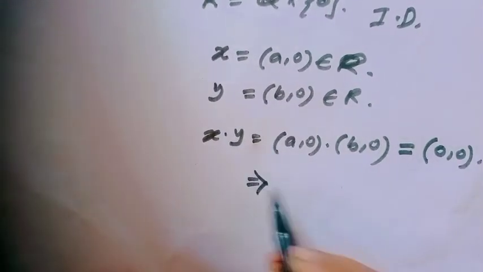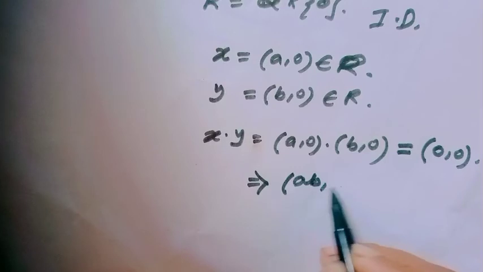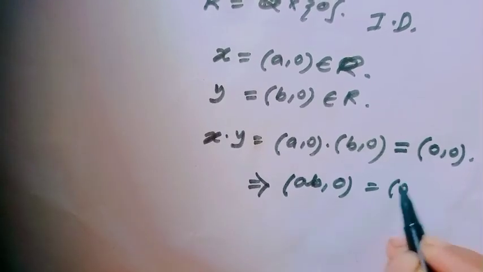That means this is (ab, 0) equal to (0, 0).